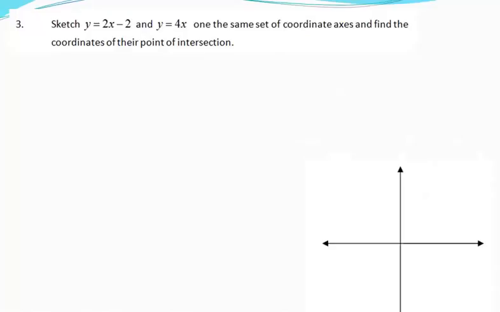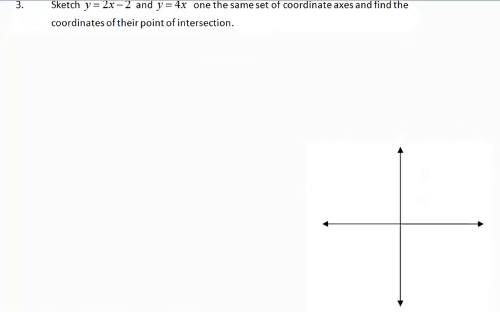For question 3, we want to sketch these two graphs on the same set of coordinates and find the coordinates of intersection. Here y is equal to 2x minus 2. Our y-intercept is at minus 2 and our gradient is 2. For our second equation, y is equal to 4x. Our y-intercept is at 0 and our gradient m is equal to 4.